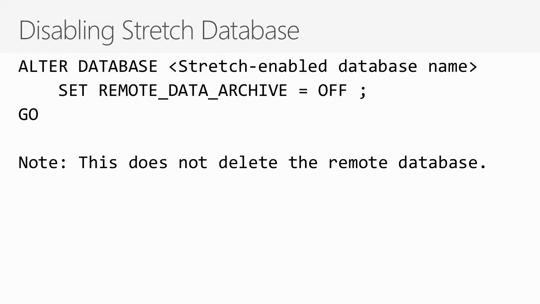And then just like when we went through and enabled it, we set remote data archive to on. You want to set remote data archive to off. And again, all of these commands you're running, even if I do this through the wizard, it does not clean up the database that's in Azure. So if you're done using it, go ahead and go through and delete it.